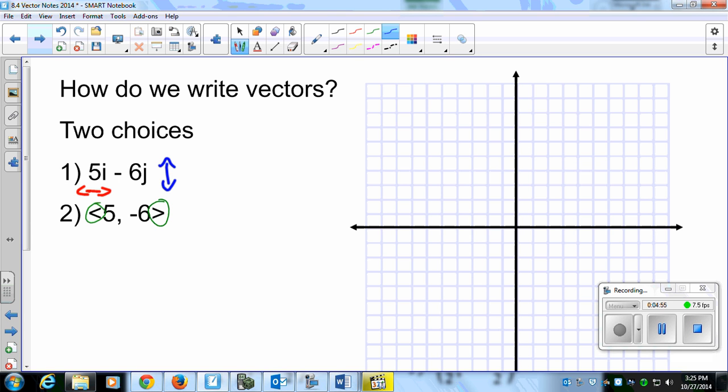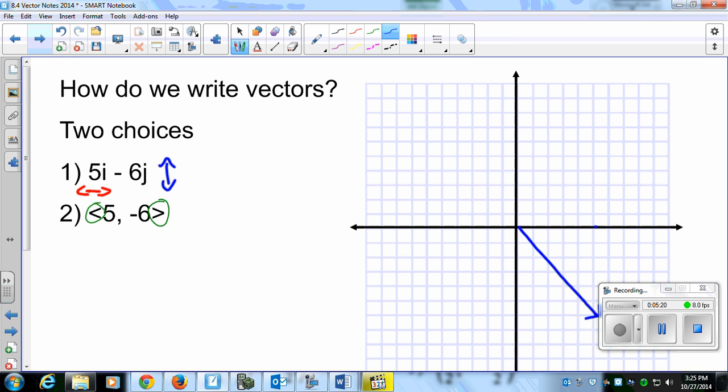So when writing this out and drawing this, we know 5 is our left and right, so we go 1, 2, 3, 4, 5 here, and we go down 6, 1, 2, 3, 4, 5, 6, and then that vector is drawn from your origin, and it's in that direction.